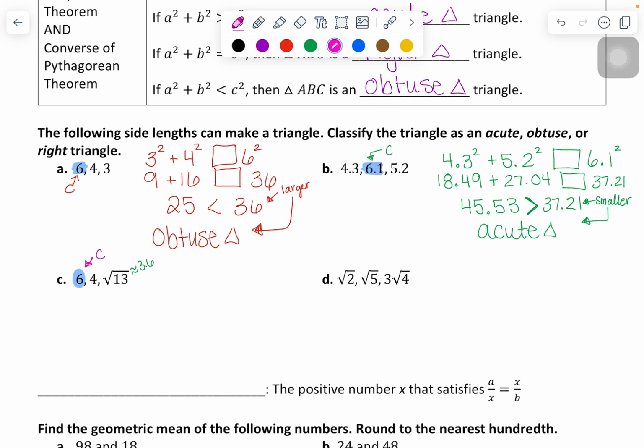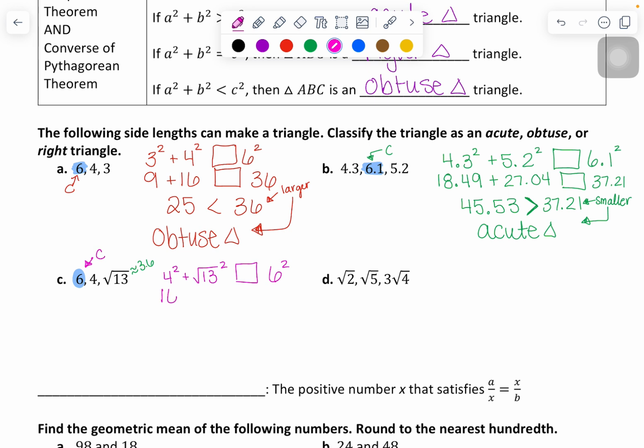I must plug in the square root of 13 into my Pythagorean inequalities. So 4 squared plus square root of 13 squared is something compared to 6 squared. I cannot put in the decimal unless I want to open myself up for the possibility of a wrong answer.